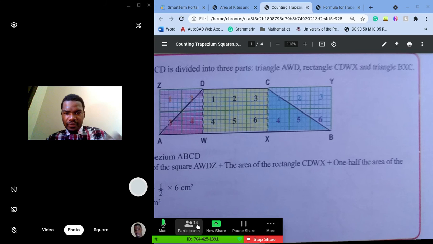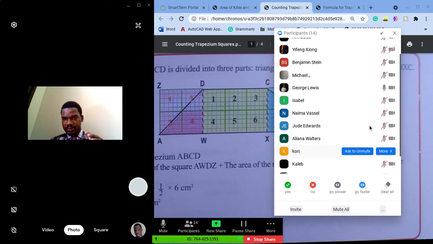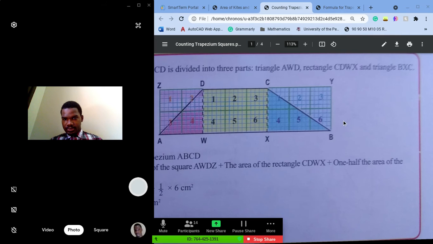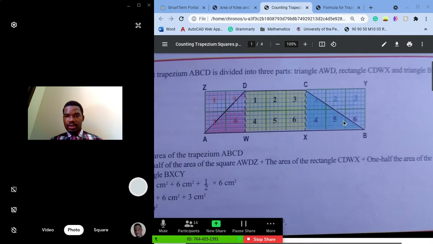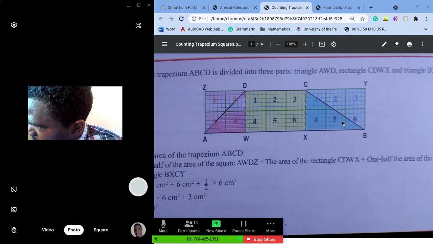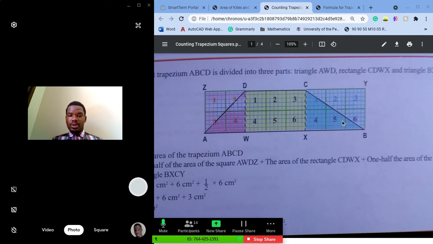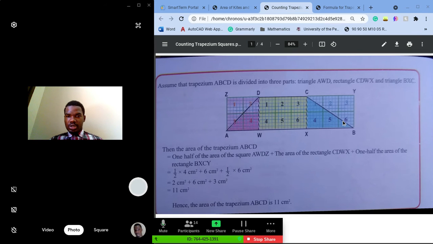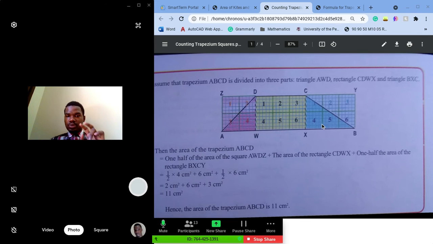Am I going too fast, or is everybody with me? I have to redraw mine. I'm not done drawing. Okay, let me give you a moment because I don't want to go too fast. So just divide now your trapezium into 2 triangles and a rectangle for me.